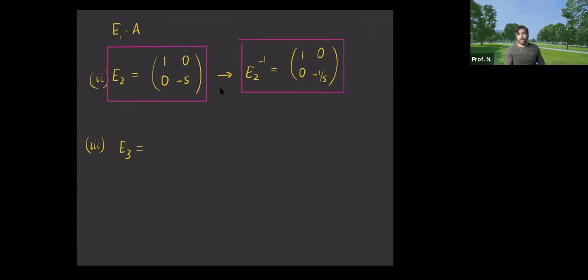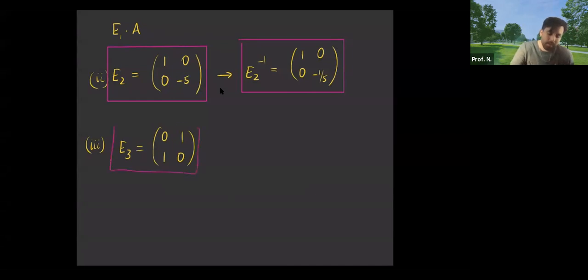What does E3 look like if you switch the first and second rows? Right, it's going to look like a 0, 1, 1, 0. It's like taking the identity matrix and just switching the rows. That's exactly what it is.